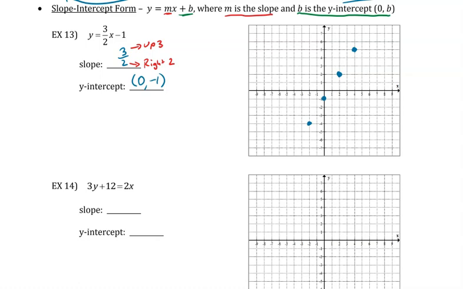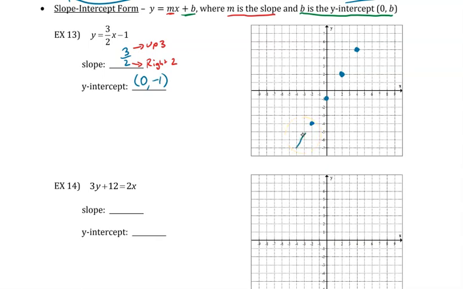Now, at this point, please make sure that these do in fact line up. They should form a straight line that you can draw a line through. So if we go ahead and draw that line, put arrows on both ends because it doesn't actually end, we are done.